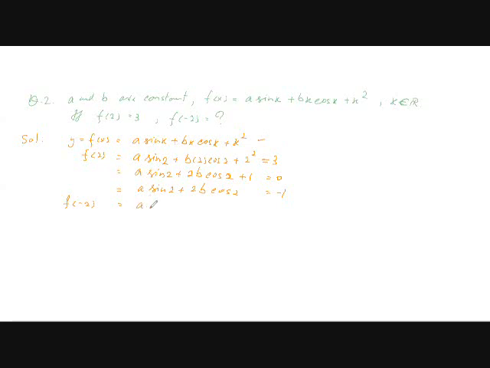So it becomes a sine negative 2 plus negative 2 times b times cosine negative 2, plus negative 2 power 2, correct? We replace in here, okay?